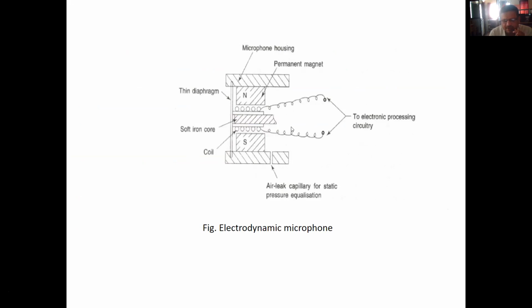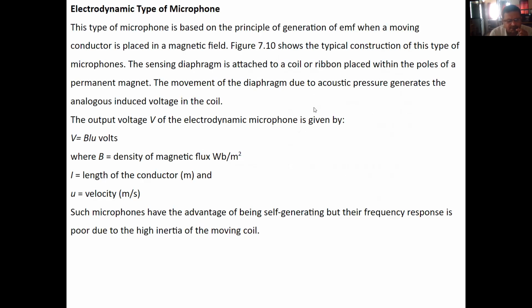Why is it known as an electrodynamic microphone? Because it consists of two permanent magnets, and in between the permanent magnets this soft iron core is placed. The movement of the diaphragm due to acoustic pressure generates an analogous induced voltage in the coil.